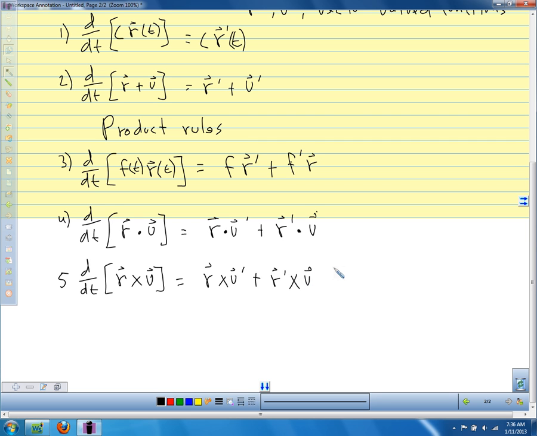And remember, our cross product is not commutative, so order matters when we do the product rule with the cross product. The dot product is commutative, so we can do these in either order, but the cross product is not commutative.